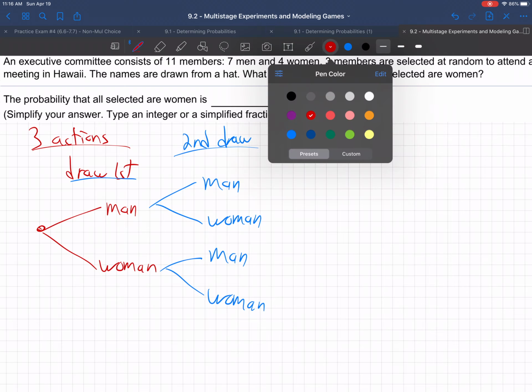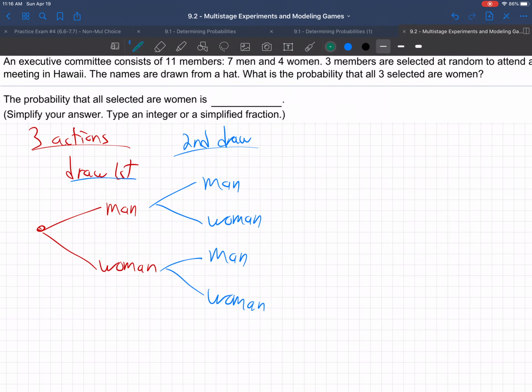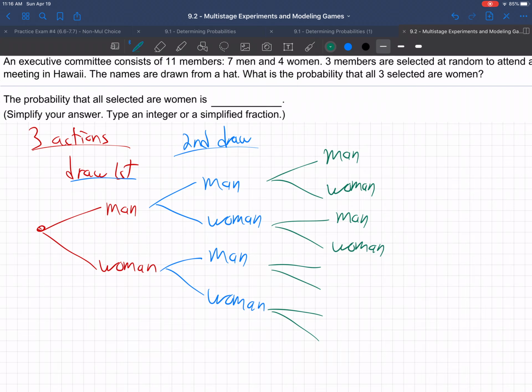And then they're going to draw a third time, and they're going to get a man or a woman the third time. So what we're learning is that every action requires a layer of branching.